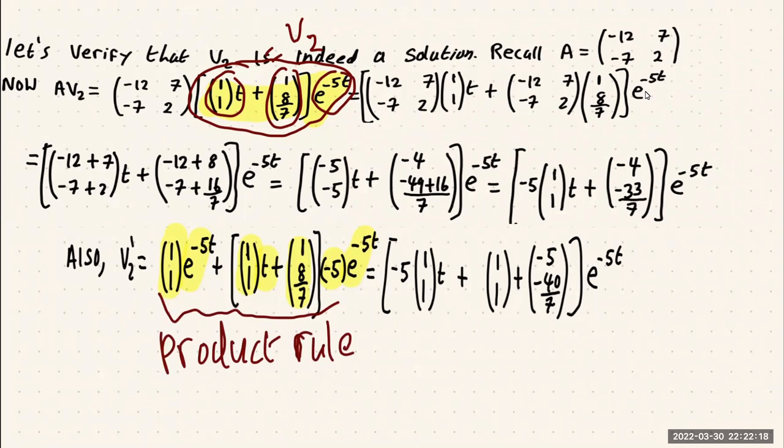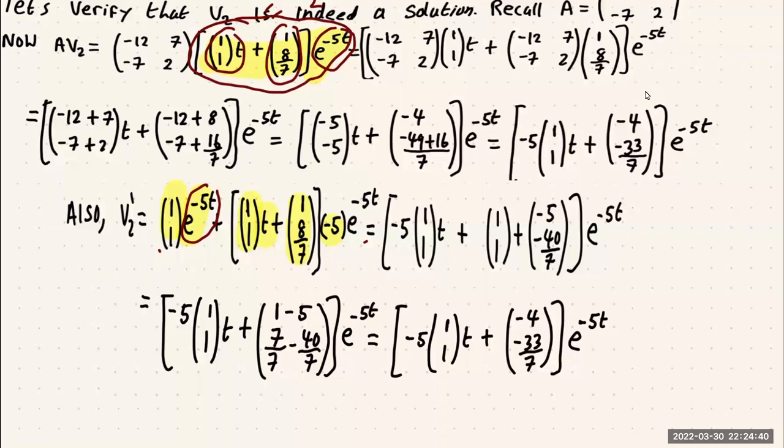Then I can factor out the e to the minus 5t here and here. Jump it over here. And that negative 5, I multiplied in. Okay, so let's keep going. Let me just explain this a bit more.